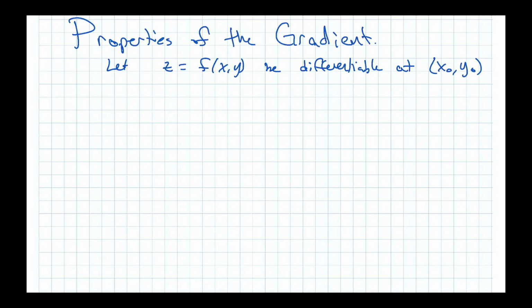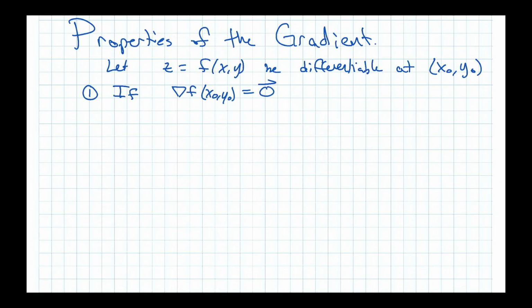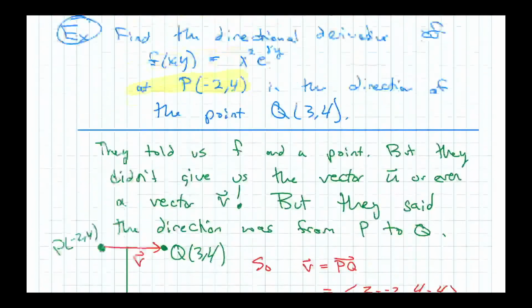So we got a function where this applies. Now, here's our first property. So if the gradient evaluated at x0, y0 is the zero vector, well, think about what that means. You know your formula, right?